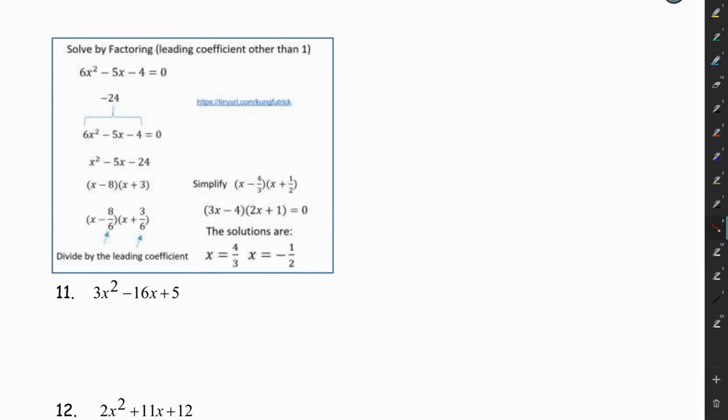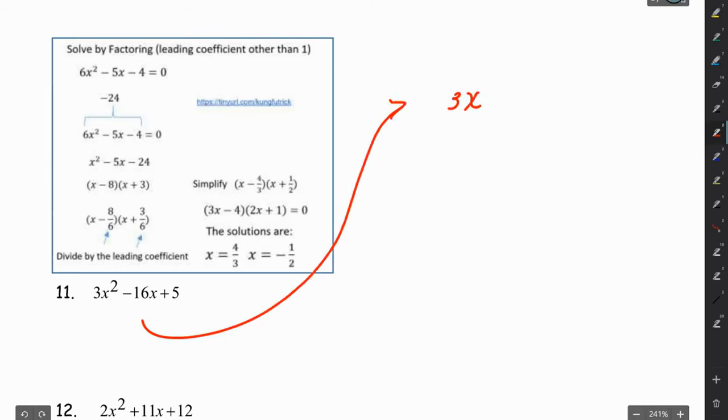All right, so let's do one together. I'm just going to write this over here to give myself a little room. So we have 3x squared minus 16x plus 5. And we're going to do the rainbow, and we're going to get 15.